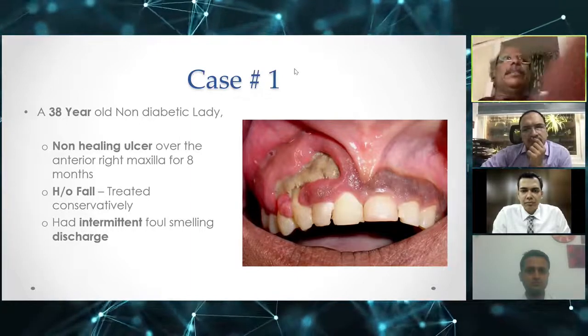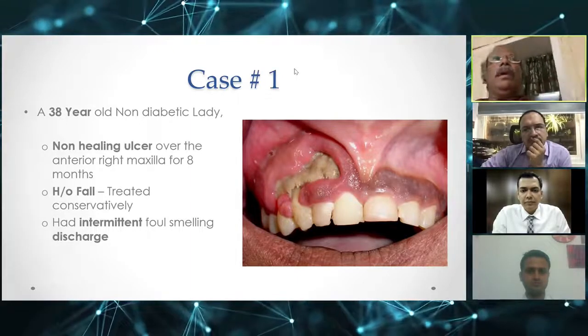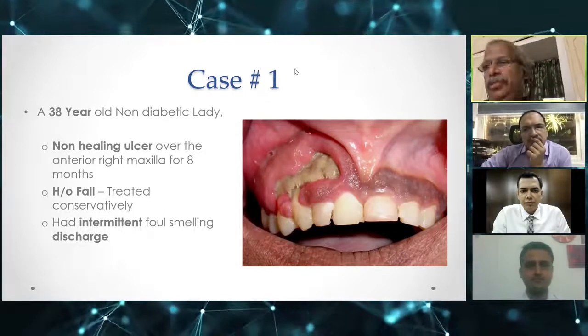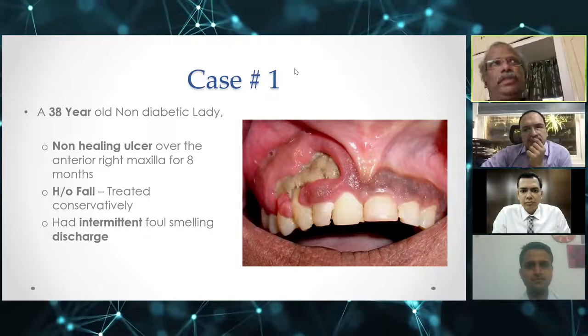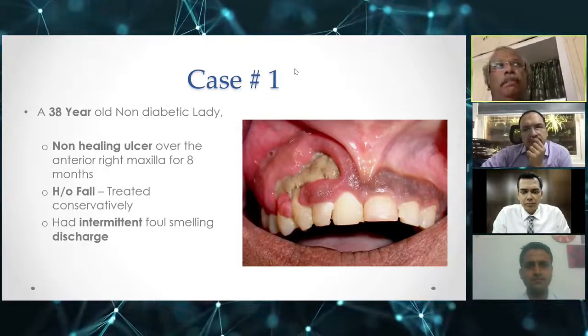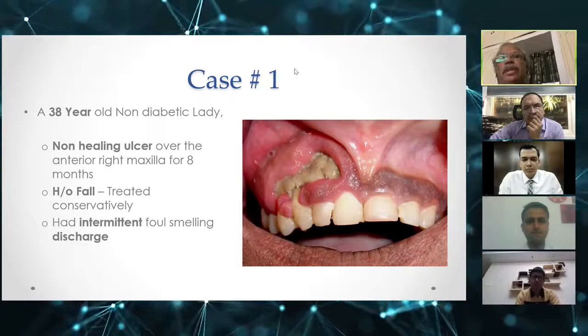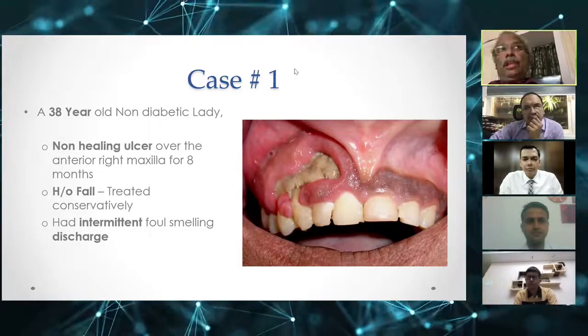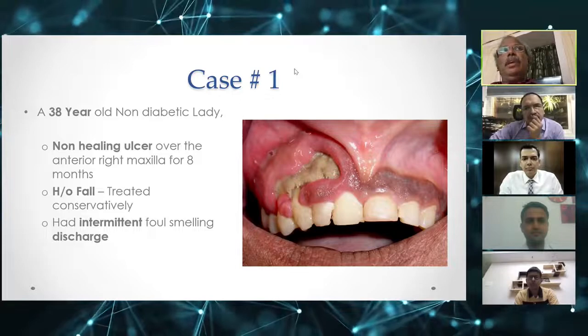The other thing, as I already told you, we have to rule out what are called bone pathologies. Patients with bone pathologies like osteopetrosis and other major diseases can also get this type of infection. I have seen plenty of cases.